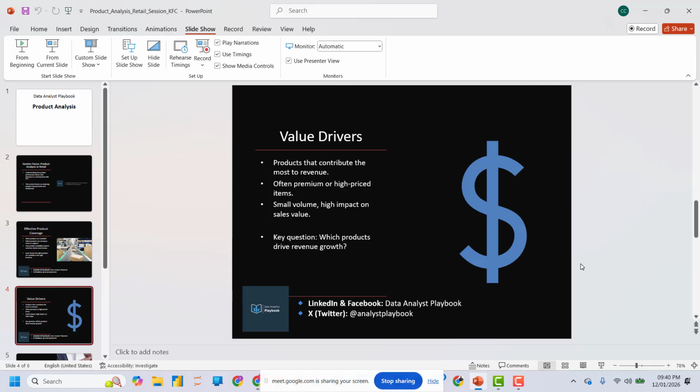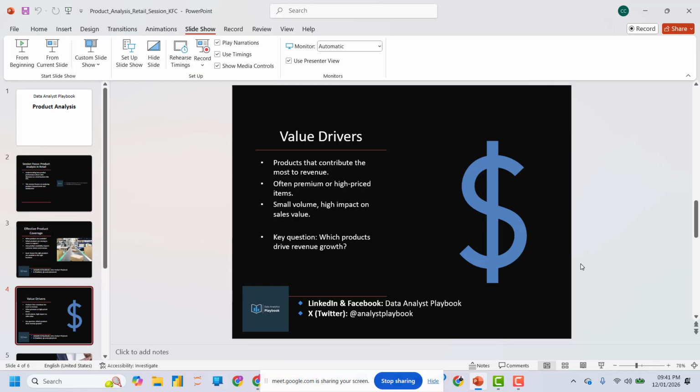Yes, those products boost your revenue, but on the quantity side, you would notice that, oh, we've only sold 20 items today, and it is not something that is actually that wonderful to see as a team. So volume and value drivers are also something we need to look out for in the retail sector.